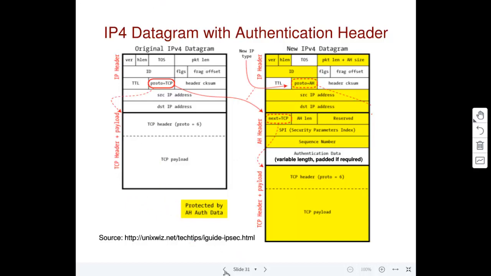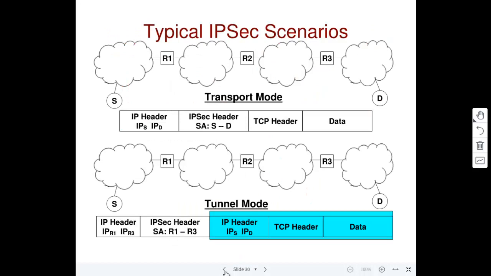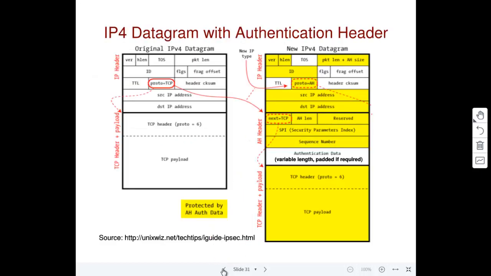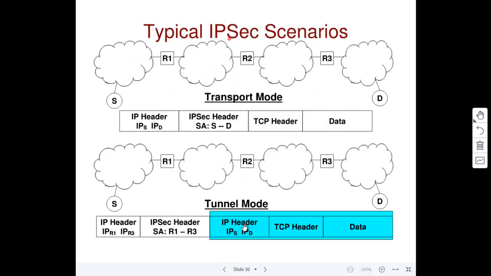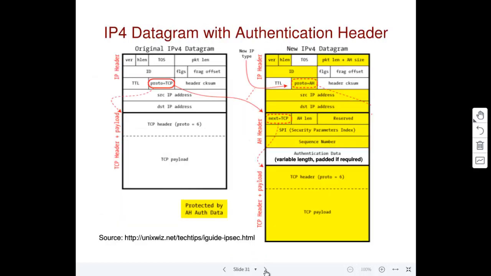Now if you look at how you incorporate the IPSec header, as I show here, it is placed between the IP header and the transport layer header. For the authentication header, this is how it is done. So this is the IPSec header in between, and it has various fields.